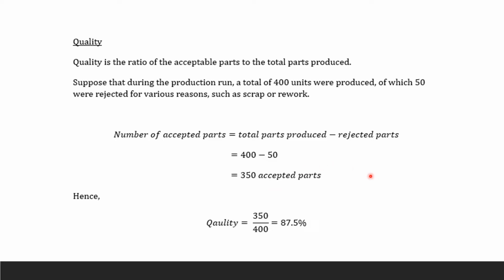And that is called quality in the manufacturing industry. So 350 divided by 400 is going to give you 0.875.